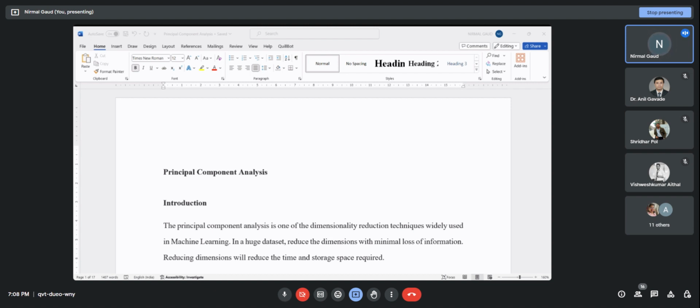Also, if we put in features which are correlated, collinear among themselves, we are going to get an overfitted model.